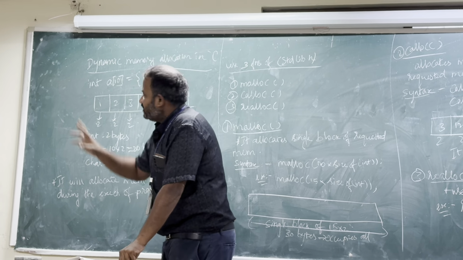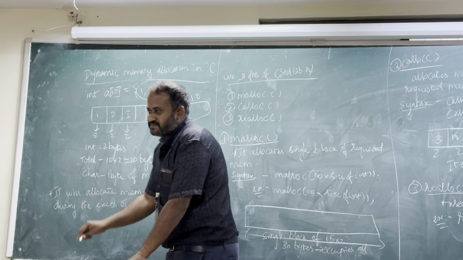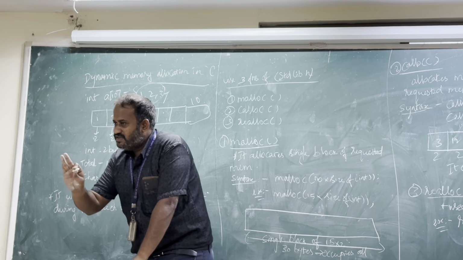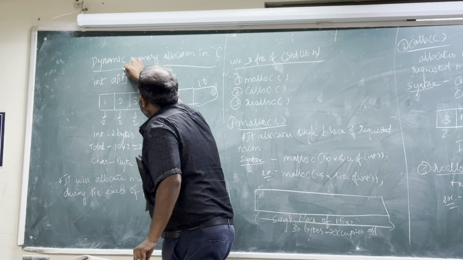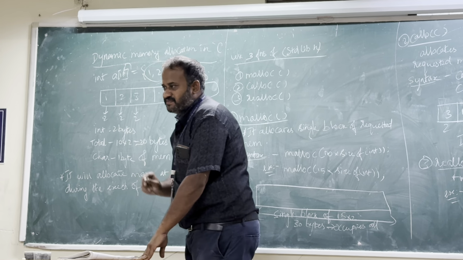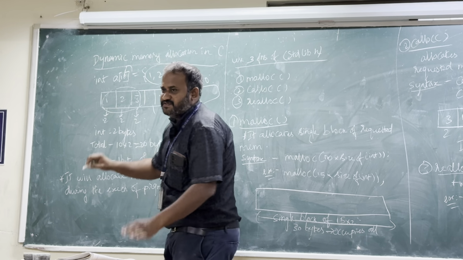The values given are only 1, 2, 3, but the size index given is 10. So only these 3 will be occupied and the remaining 7 will get wasted.